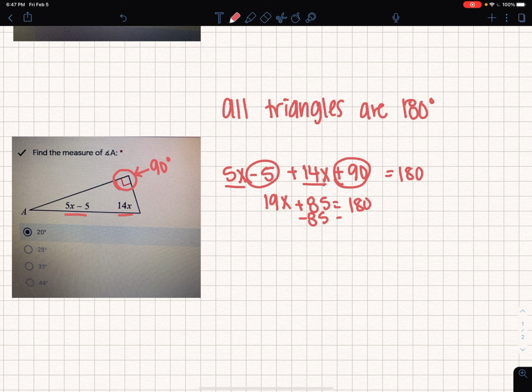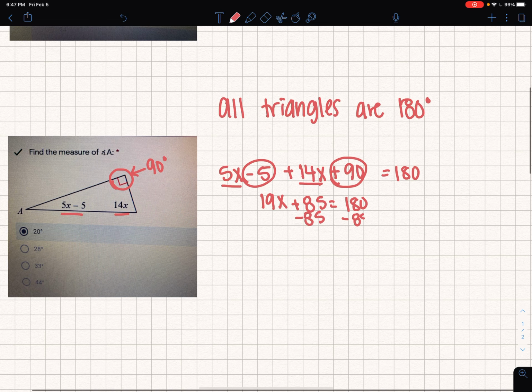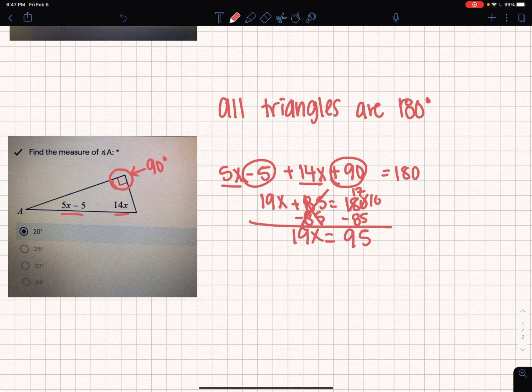Minus 85 on both sides to go ahead and solve. So 19x is equal to 95. All right, and our last step is to divide both sides by 19. So x is going to equal 5. Okay, 19 times 5 is 95.